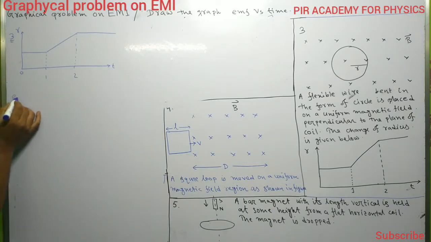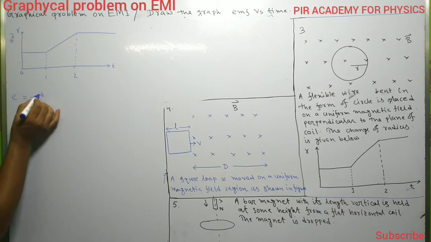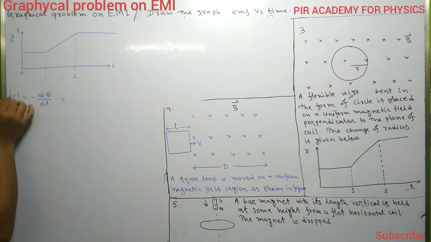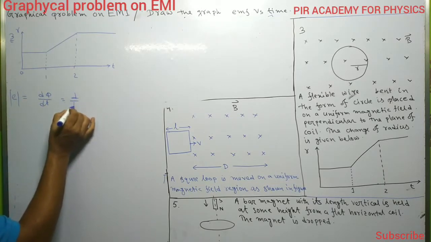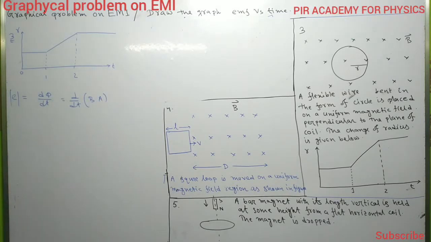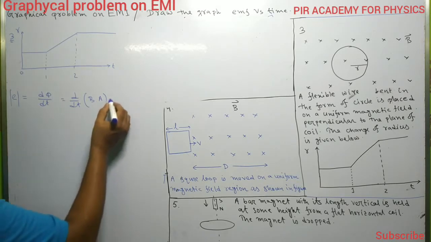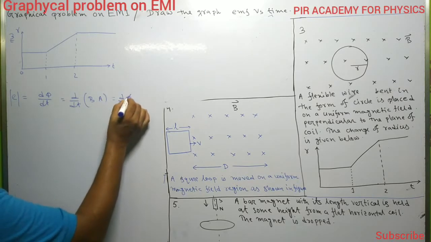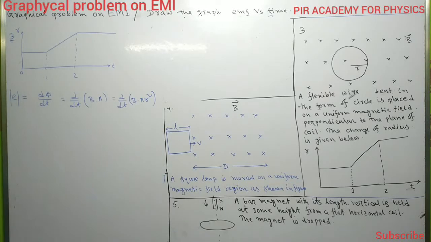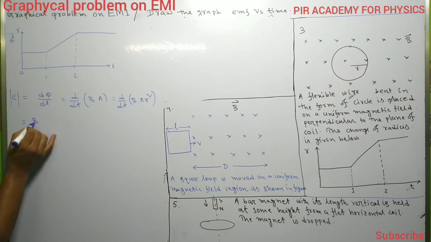Suppose induced EMF according to Faraday's law of electromagnetic induction is equal to d phi by dt. Here, suppose this is the magnitude, so the minus must be omitted. That means d by dt of B into A, where B is the magnetic field and A is the area of the loop. The area of the loop is pi r square, and B and pi are constant.